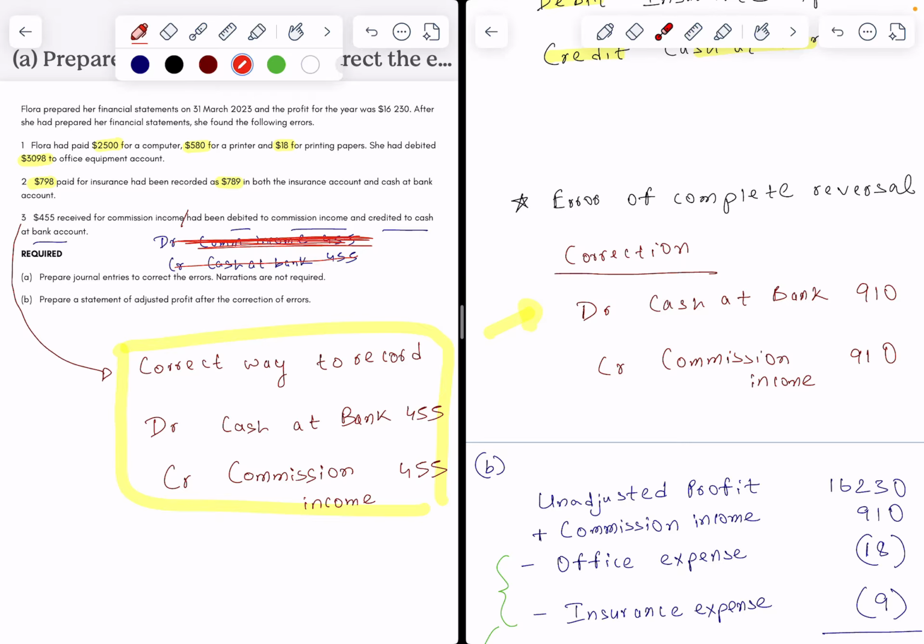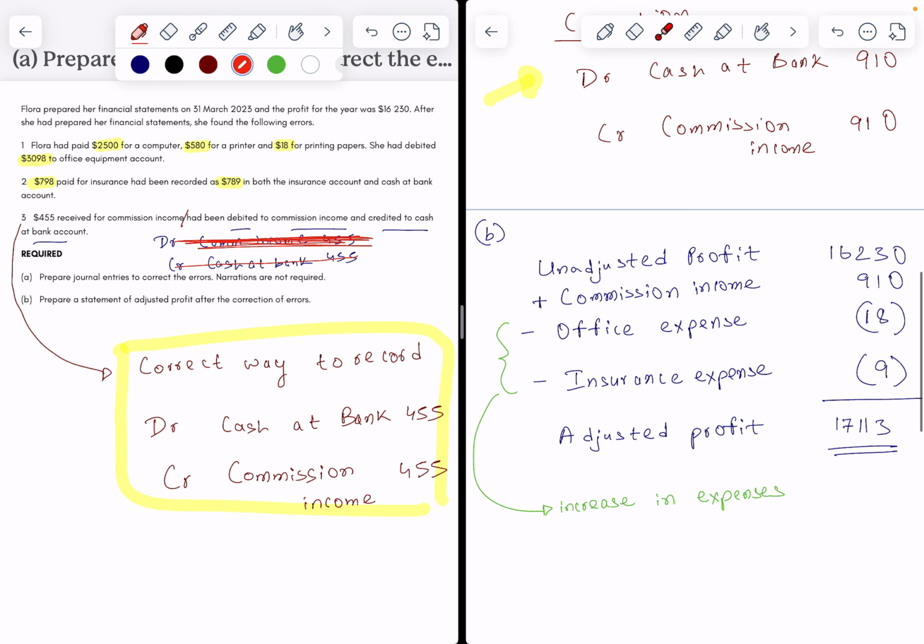All right. So now part B, prepare a statement of adjusted profit after the correction of the errors. We started with the unadjusted profit as given in the first sentence of the question, which is $16,230. And then we are adding the commission income of $910, which is the other income that we are adding here.